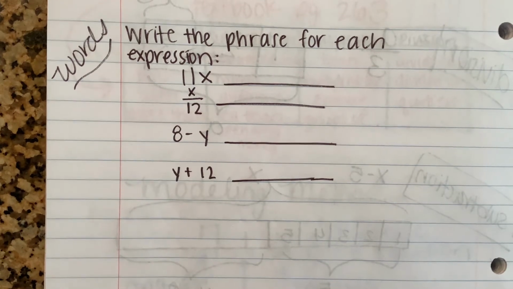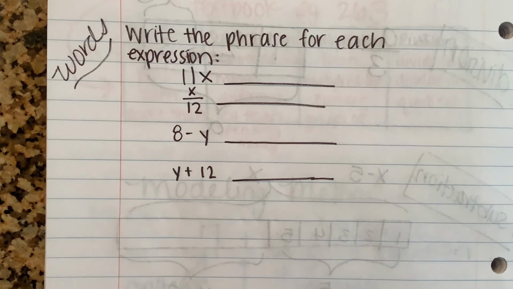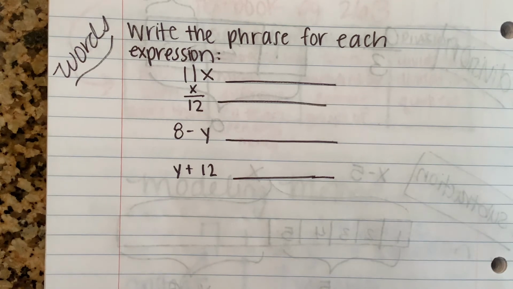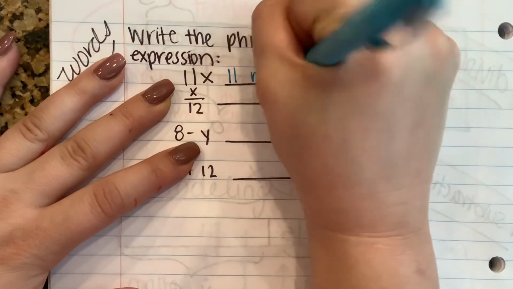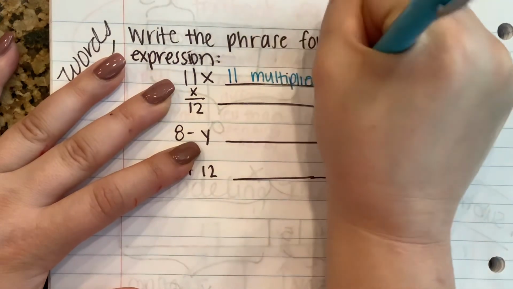You can choose any language from your chart to show multiplication. You could say 11 times x, 11 multiplied by x, 11 groups of x, whatever you would like to use for your language to write down here as your phrase. I'm going to use 11 multiplied by x.